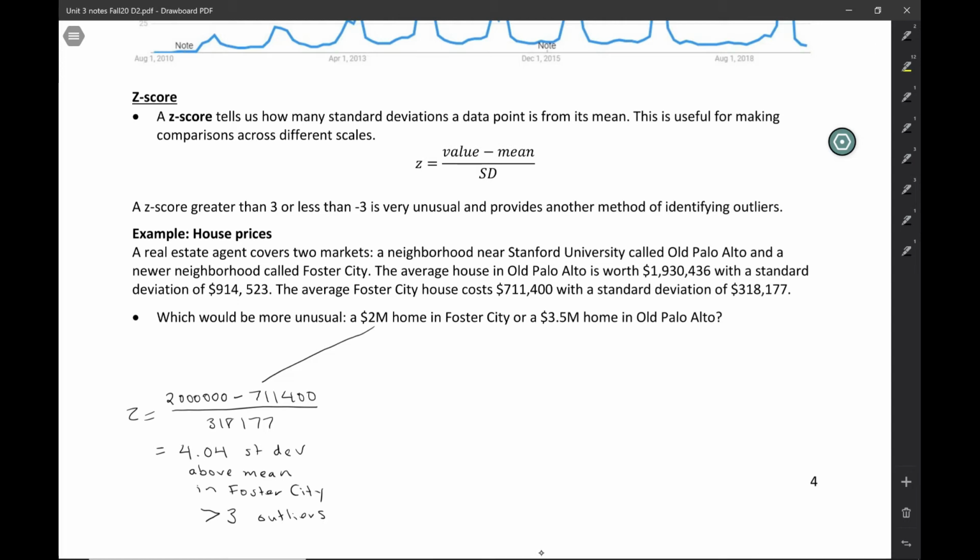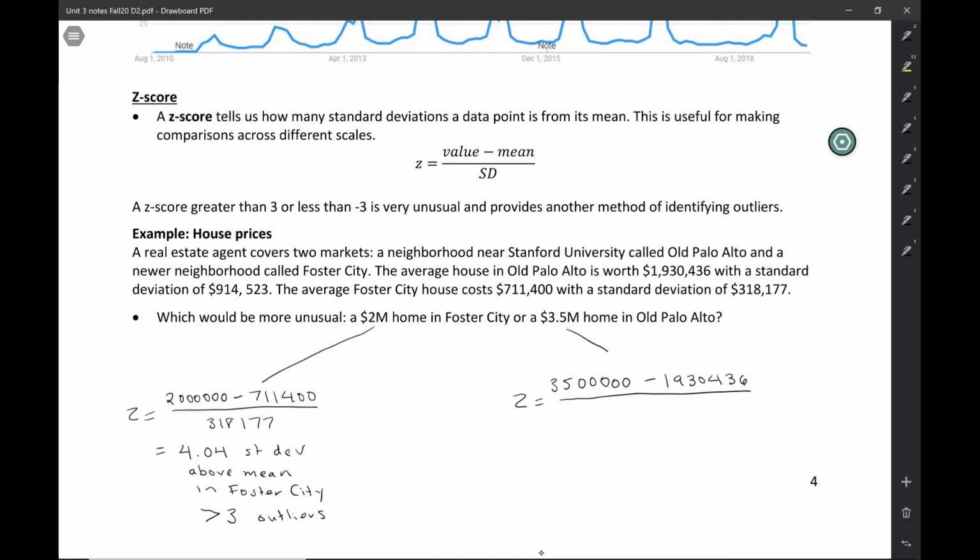And let's compare that to the Old Palo Alto house. So we're going to do the z-score. 3.5 million is 3, 5, and 5 zeros minus the mean, 1,930,436. So again, it's higher, but we want to put that in terms of the standard deviation.